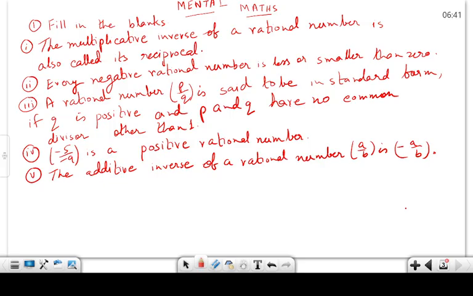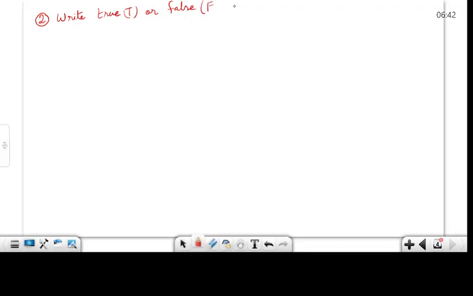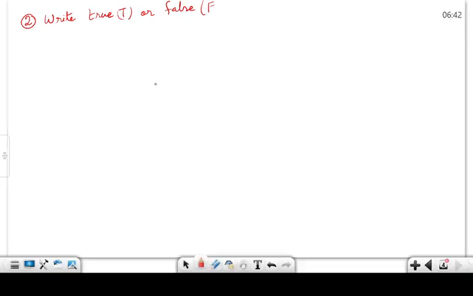The next question is right, true or false, question number 2, and we are going to the next page, and this is right, true or false, question number 2. True or false.